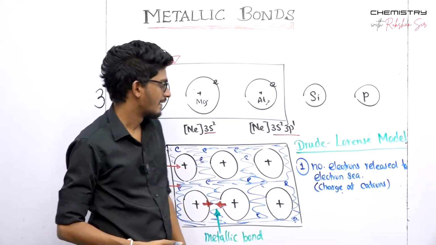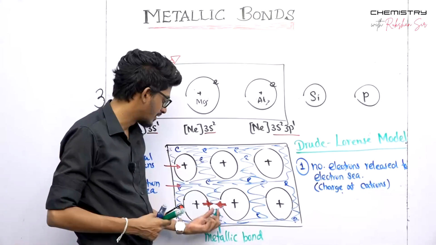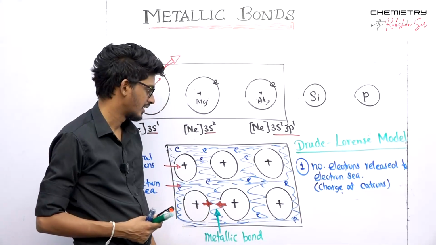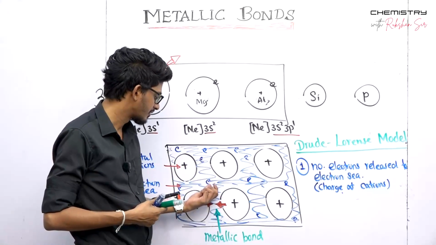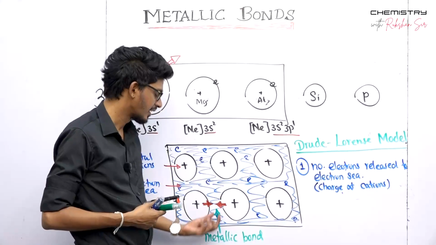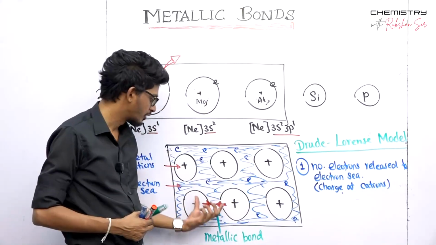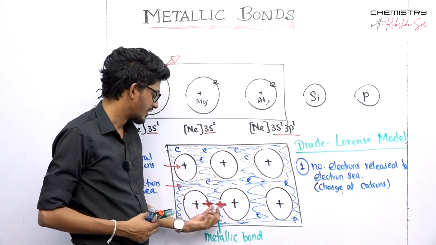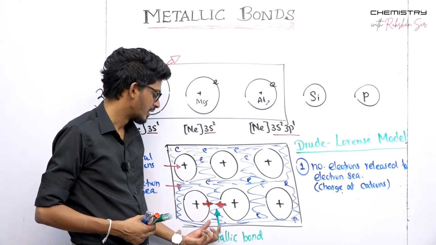So what will happen? When the number of electrons released to the electron sea is high, the strength of the negative charge, the strength of this electron sea, is high. The positive ions will greatly attract towards that negative sea of electrons, so the metallic bonding will be stronger.